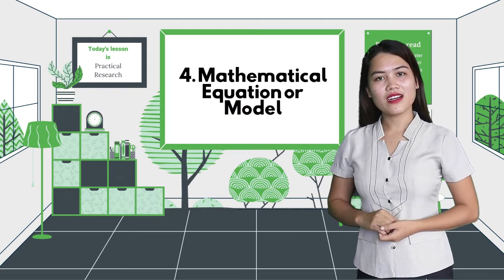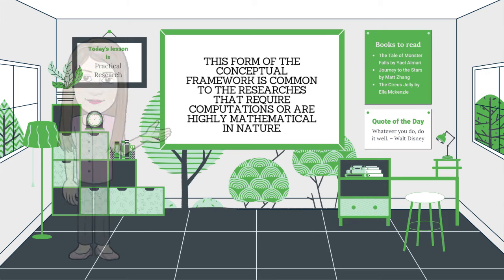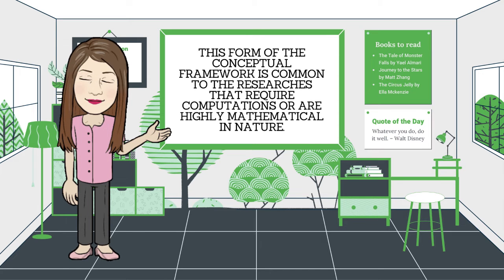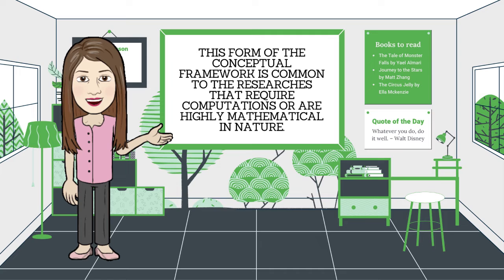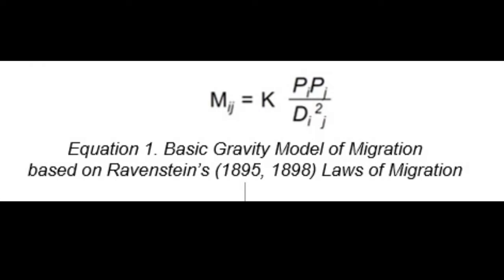Lastly, mathematical equation or model. This form of the conceptual framework is common to the researches that require computations or are highly mathematical in nature. Look at the example of a mathematical equation of basic gravity model of migration.